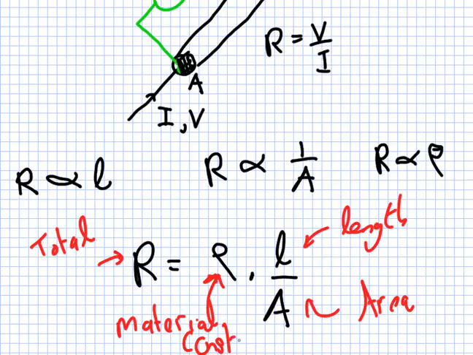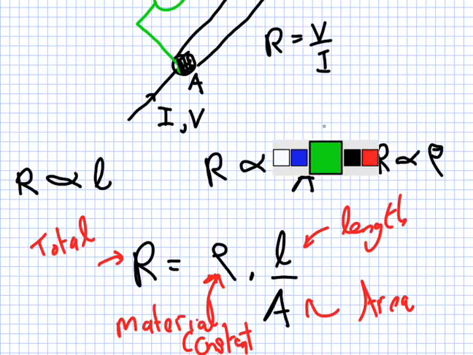Yeah, it's different for each material. Is there a special name or just material? Resistivity constant. But I'm just explaining that it's a constant for the material. That's correct. Yeah, looking at this formula.